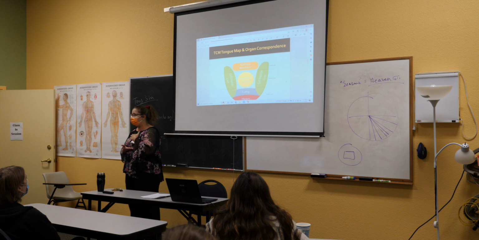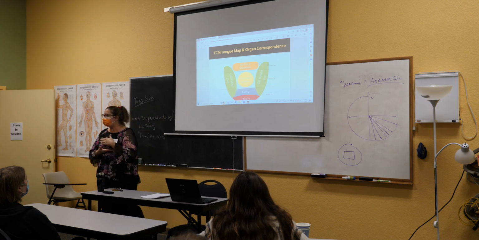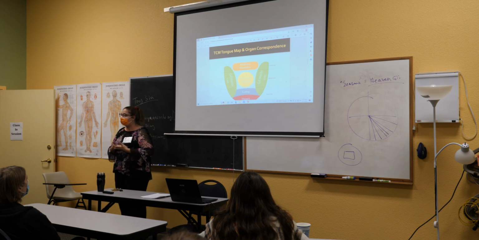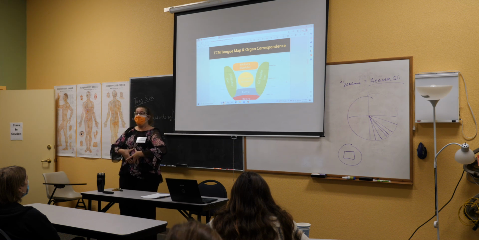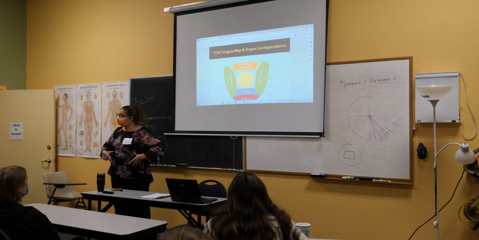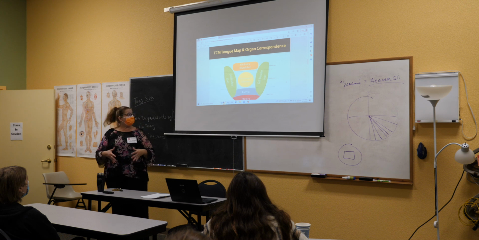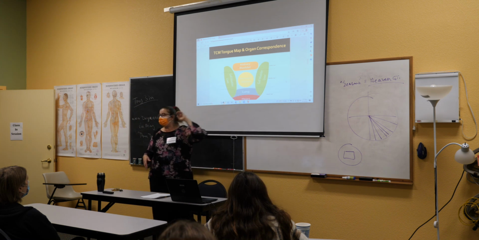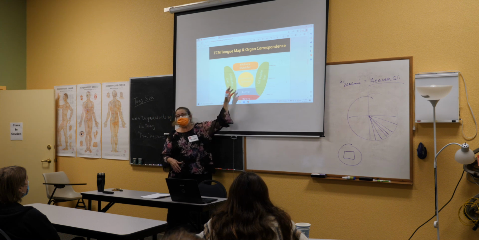What do you have above the diaphragm, guys? Even without studying it, you have the heart. What else? Lungs. Okay, and then between the diaphragm and the navel you have what they call the middle burner, and in the middle burner you have primarily the digestive organs, so the spleen and the stomach.